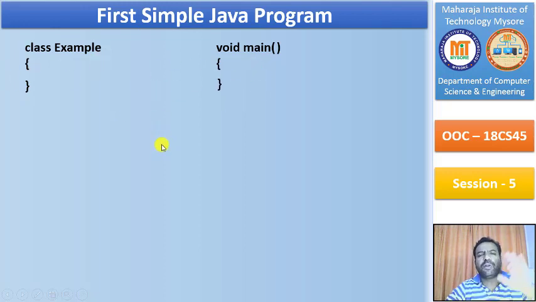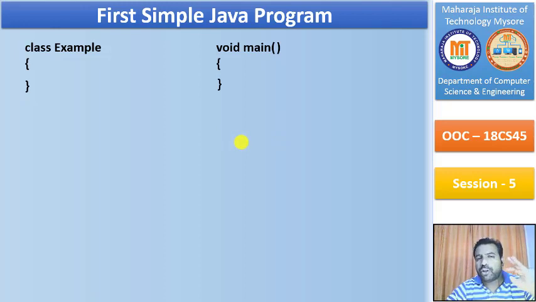At this point of time, you might be clear with these two statements. Now, in the Java program, whatever statements you are going to put, the statements should be inside the class. Remember this.